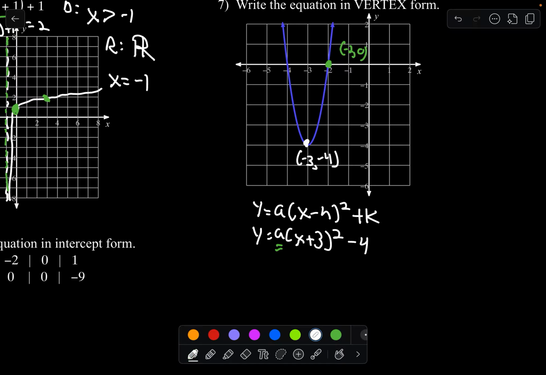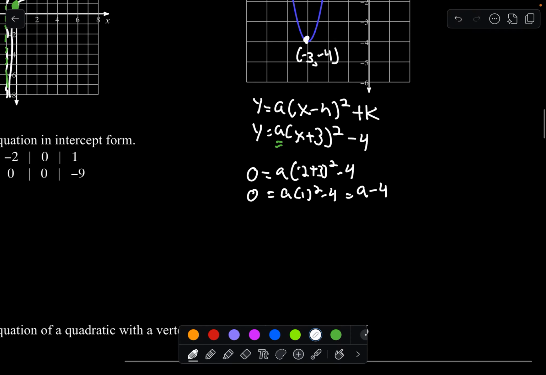So we get 0 equals a times negative 2 plus 3 squared minus 4. That's going to be a times 1 squared minus 4, which is a minus 4, and that equals 0. So a equals 4. All right?